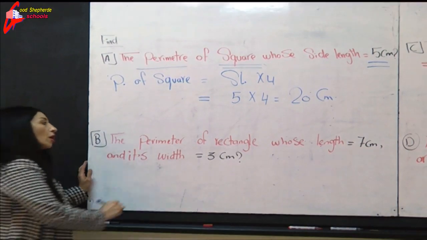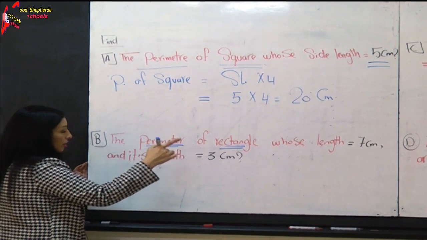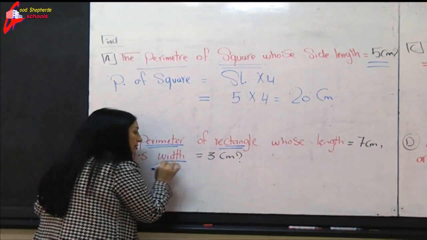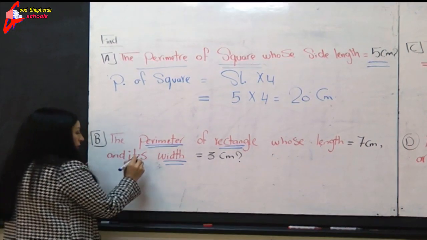Find the perimeter of a rectangle this time, whose length is 7 centimeters and its width equals 3 centimeters. First, write the rule.